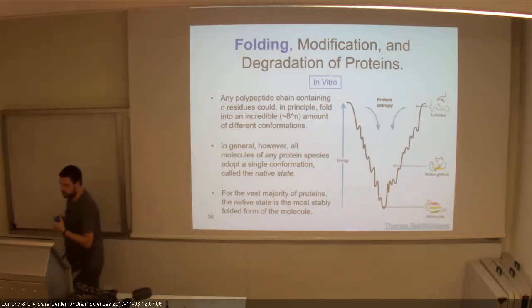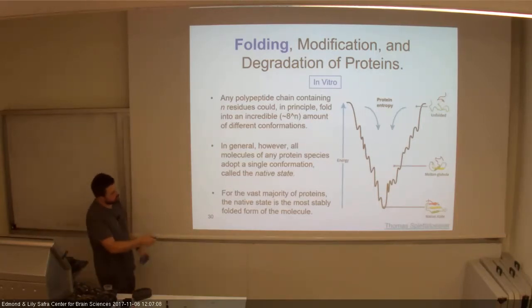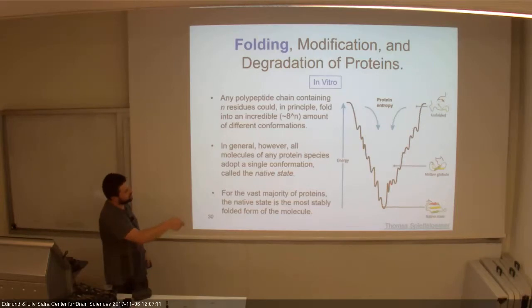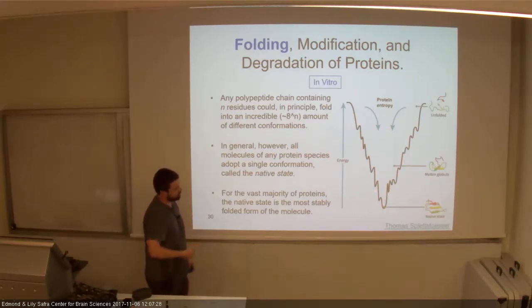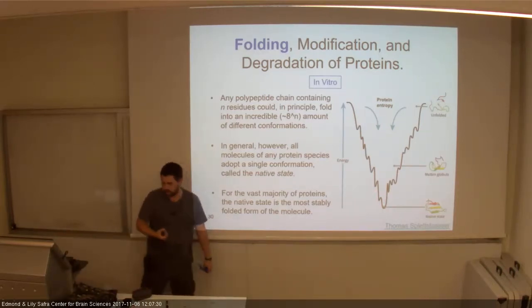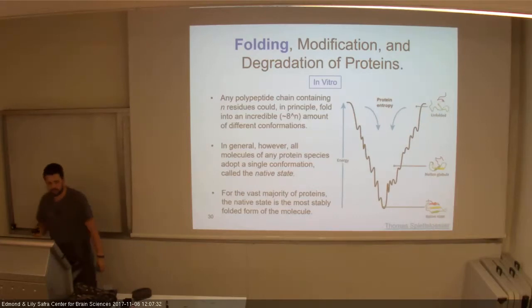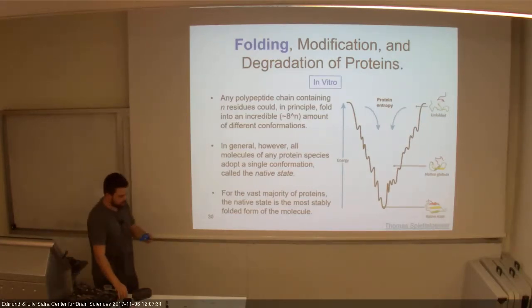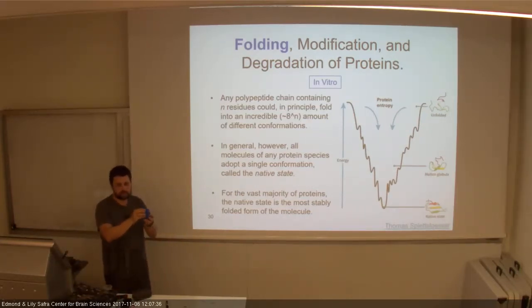And what helps the protein jump out of this, if the protein folded not in a proper way and it's stuck here? Because this is more energetically favorable and this is less energetically favorable, the reason that the protein can theoretically jump out of these valleys and in the end get down to the most energetically favorable state is again a lot because of this constant movement that I told you about.